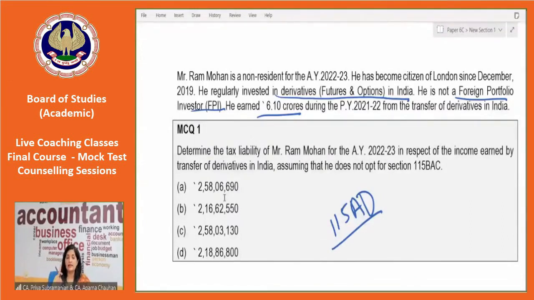But the main difference is the enhanced surcharge rate. The enhanced surcharge rate of 25% or 37%, as the case may be, would not be applicable in case of FPI, right? So 15% is the rate where the total income exceeds 1 crore. Here the total income exceeds 5 crore. So the enhanced surcharge rate of 37% has to be applied for computing the tax liability.